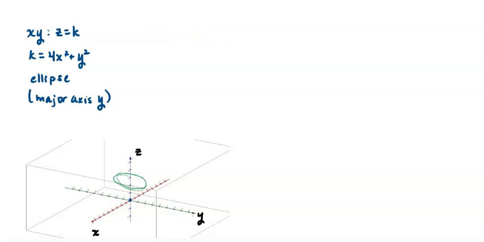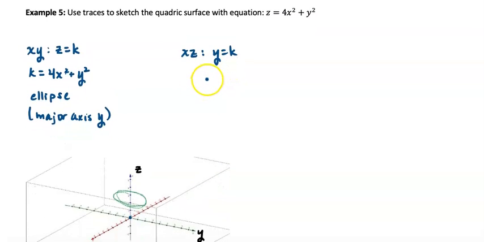Okay? Now our vertical trace, we've got our xz, where y is equal to some k, and plugging that into our equation, we get that z is equal to 4x squared plus k squared.